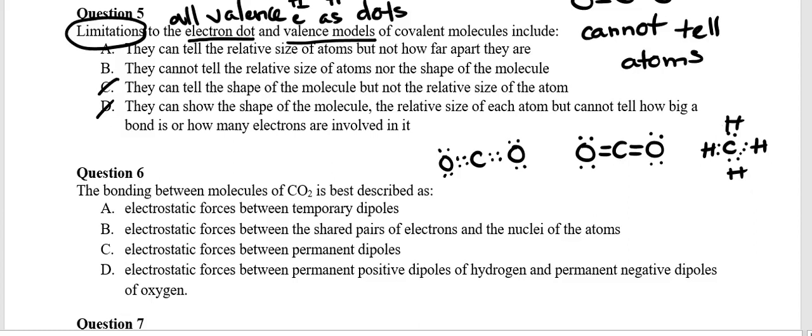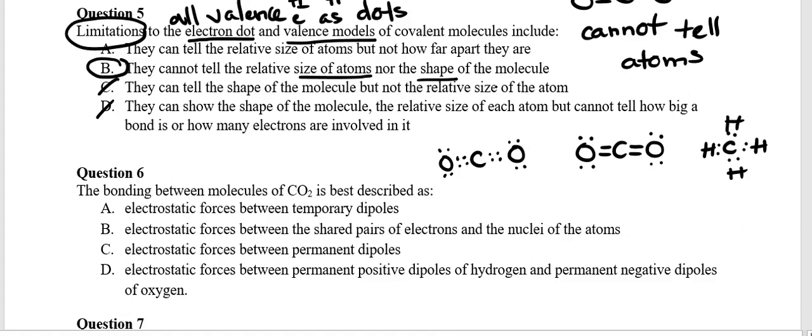Say, for example, in this model, carbon is a lot bigger than hydrogen. And carbon and oxygen are also not similar in size, but you can't really tell just by looking at these models. So they cannot tell the size of the atoms, and they cannot tell the shape of the molecules. The answer for this is B.